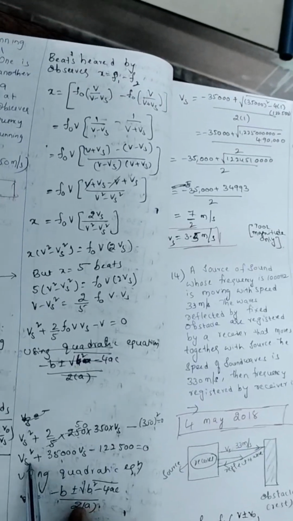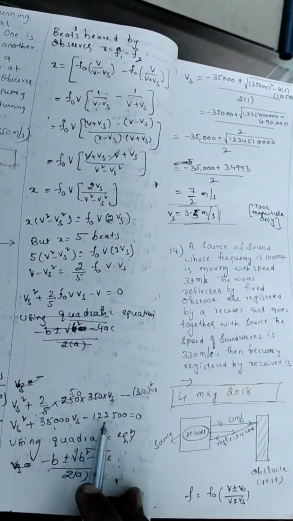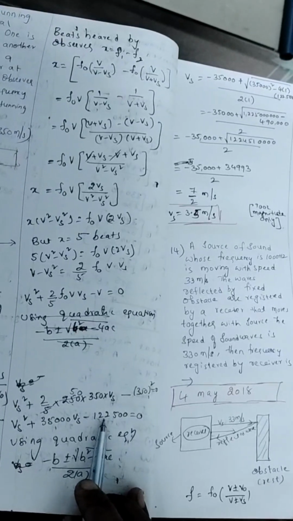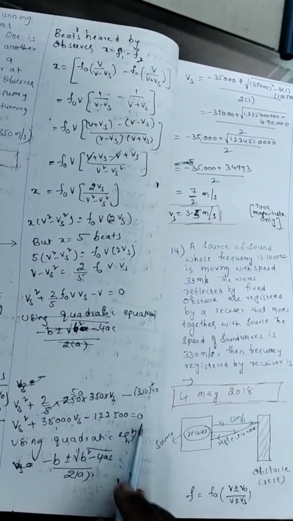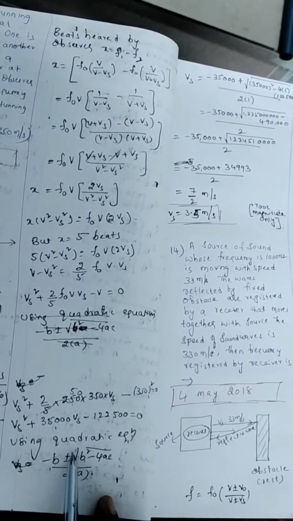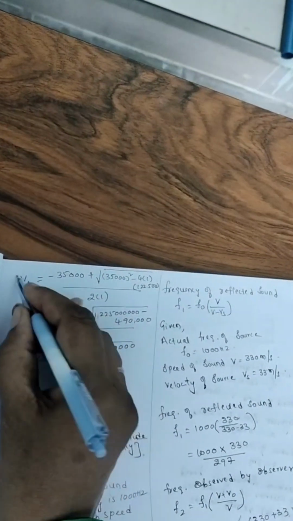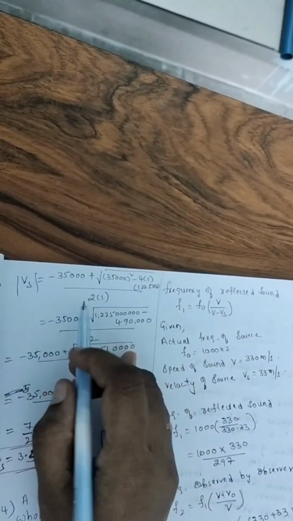On simplification you will get Vs square plus 35,000 Vs minus 12,500 is equal to 0. Here to solve, we will use the quadratic formula, minus b plus or minus under root b square minus 4ac by 2a. We will find the magnitude only.